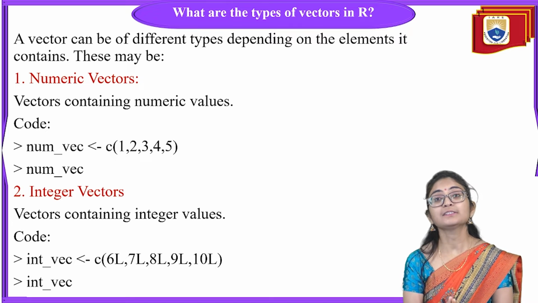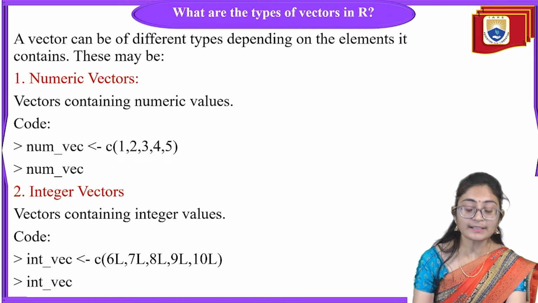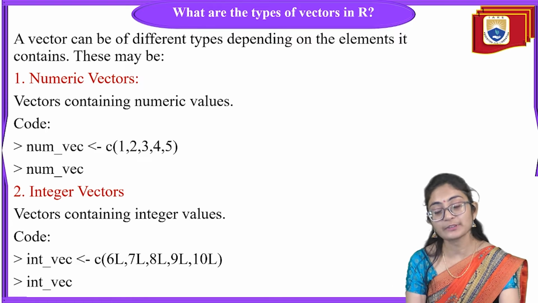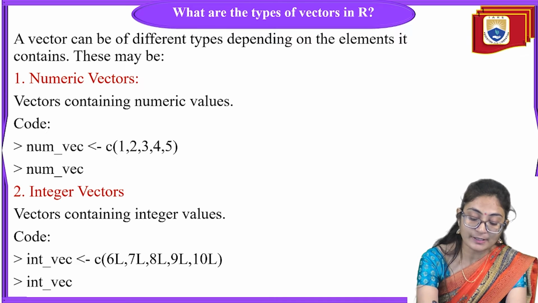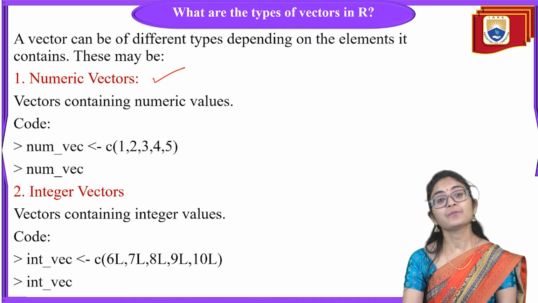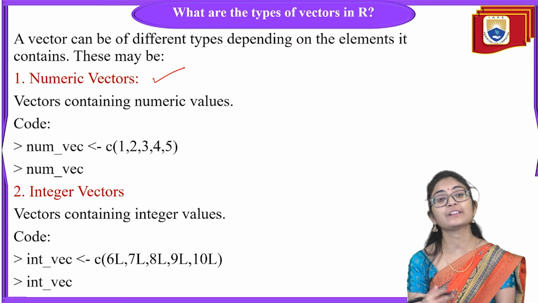Now we will see the types of vectors in R. A vector can be of different types depending on the elements it contains. First is numeric vectors. That means the vector will contain numeric values.